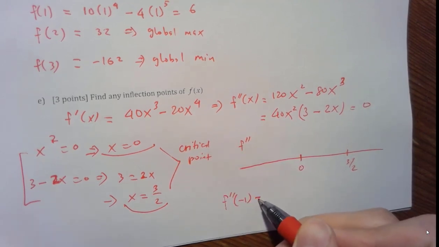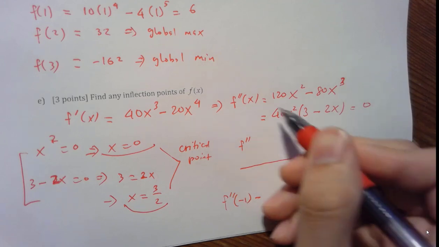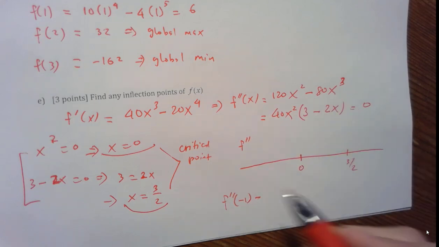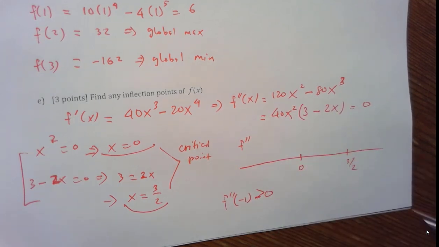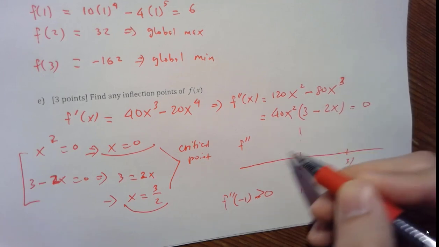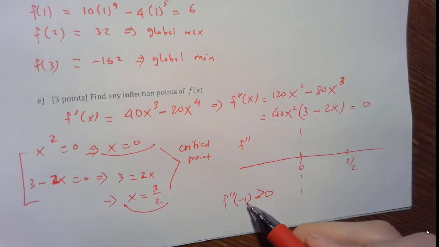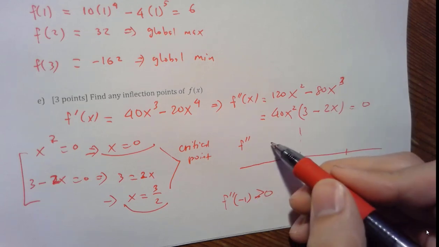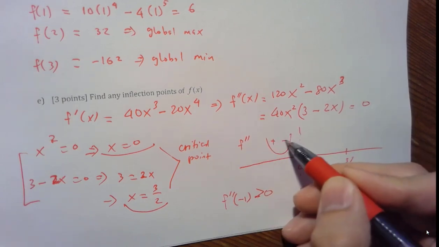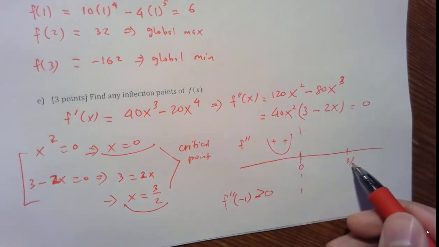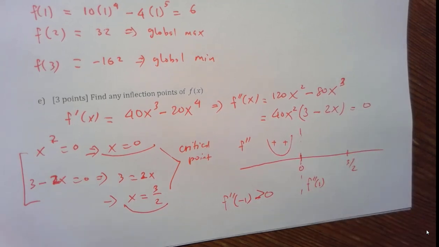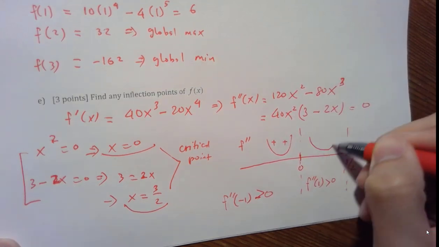I get a value bigger than 0, which is positive, and positive is concave up. Then between 0 and 3/2, I pick one value, maybe 1, f double prime of 1, and I also get something bigger than 0.